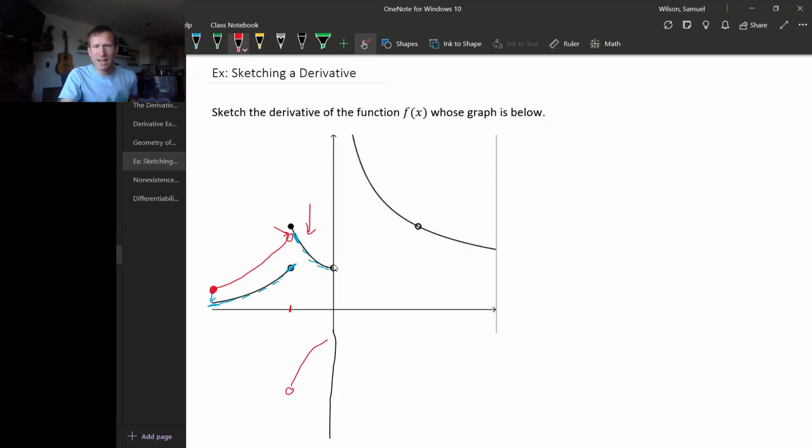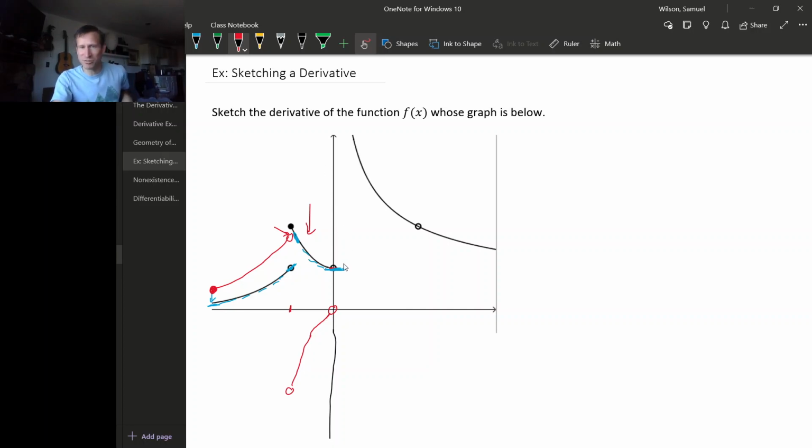Again, at this point there's a jump in the graph, and it's not clear what happens at the jump, so let's not commit ourselves to a value. But it looks like the slope that all of these tangent lines are heading toward is 0. So the height of the derivative should be heading towards 0, like that.